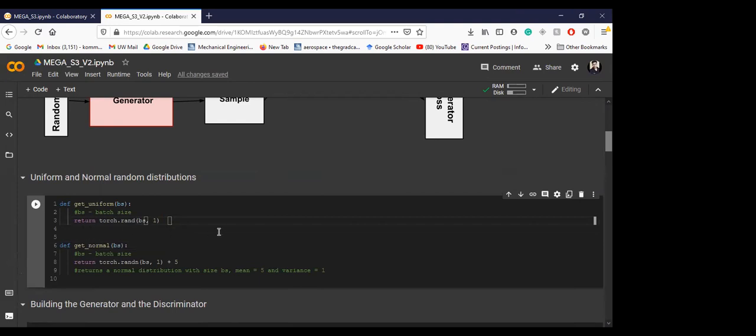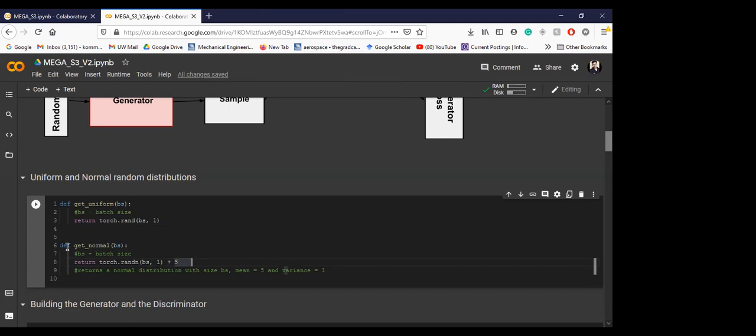I think it varies from 0 to 2, centered at 1 or something. And for the normal distribution, we essentially say randn, it means that it's a normal distribution, and we have a variance of 1, and we have a mean of 5.